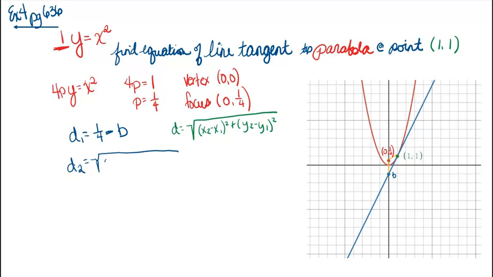So my x1 is going to be 1, and I'm going to subtract 0 from that and square it, plus my y, I don't mean 1, I mean 2. It really doesn't matter as long as you go in the same order. My y1 is going to be 1 also, and I'm going to subtract 1/4 from that and square it.